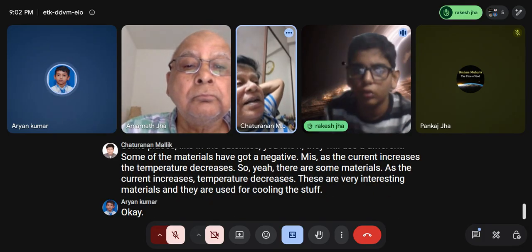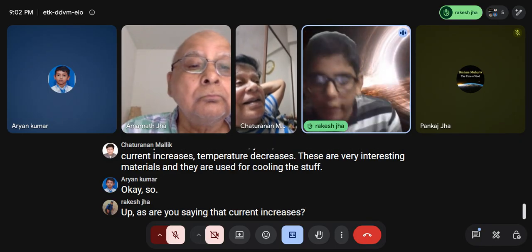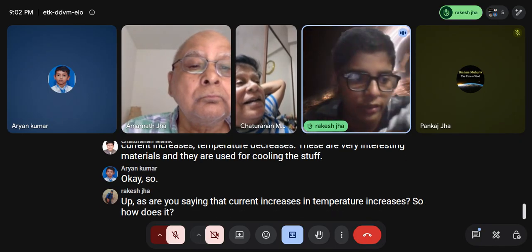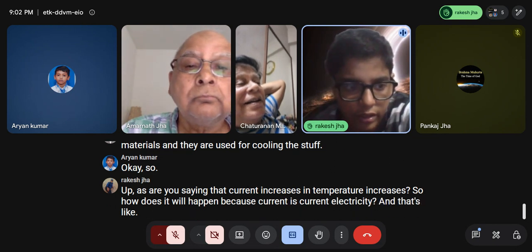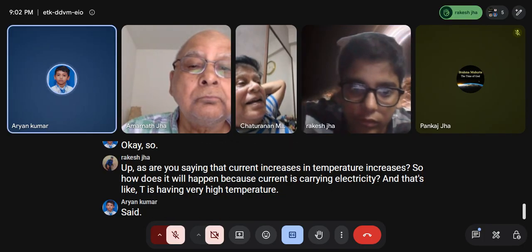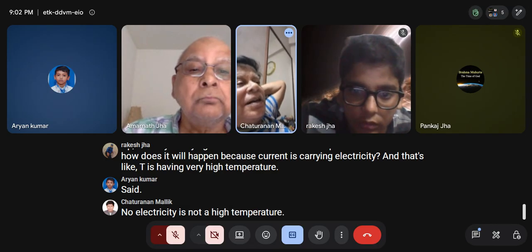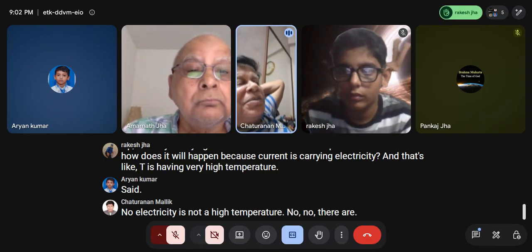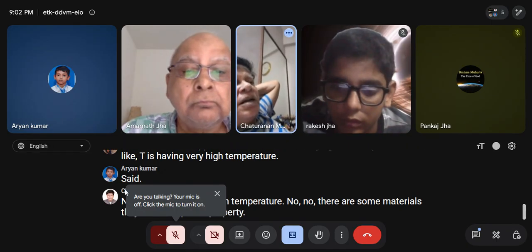ओके सर. So, sir, are you saying that current increases and temperature increases? How does it happen? Because current is carrying electricity, and that electricity is having very high temperature. No, electricity is not at a high temperature. No, no, there are some materials, they have an opposite property.